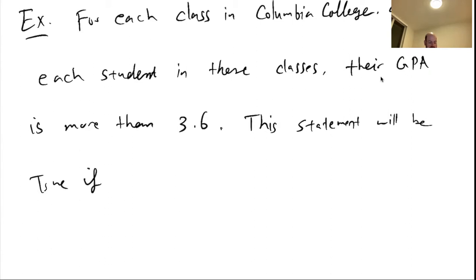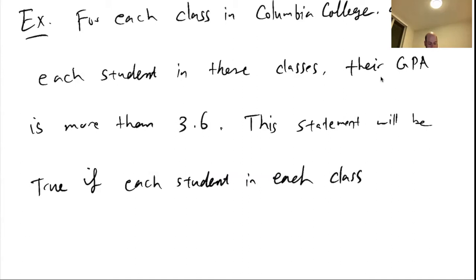if, so we want each student in each class to have GPA more than 3.6. So it will be true if each student in each class has GPA more than 3.6.